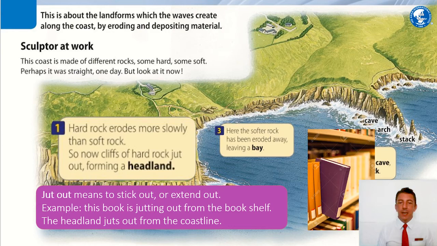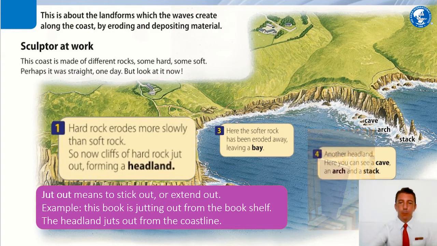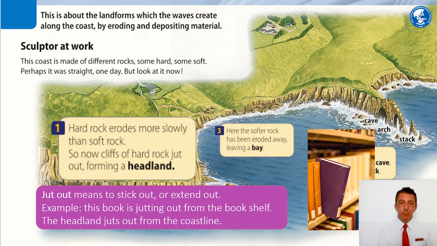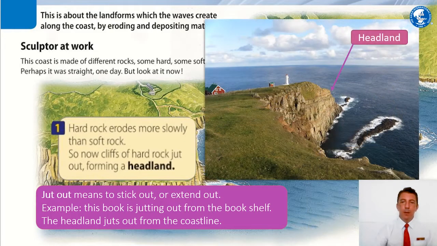Jut out means to stick out or extend out. For example, this book is jutting out from the bookshelf. You see it's sticking out beyond the other books. And the headland juts out from the coastline. It sticks out beyond the rest of the coast.